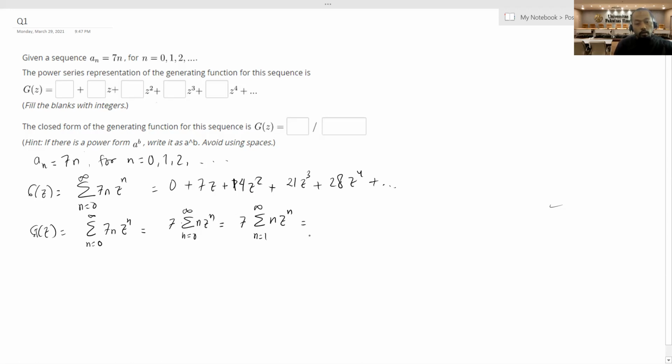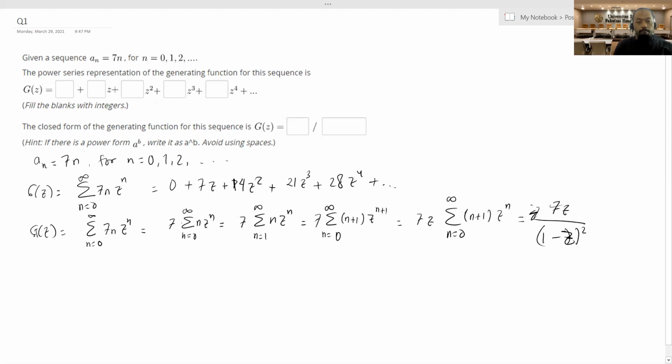Therefore, this is equal to the sum of (n plus 1) z to the power of n plus 1, and this is equal to 7z times this one, and this is, of course, equal to 7z divided by (1 minus z) squared.